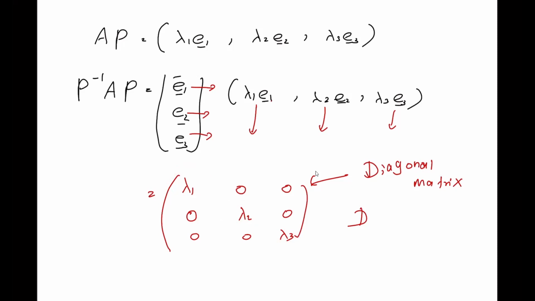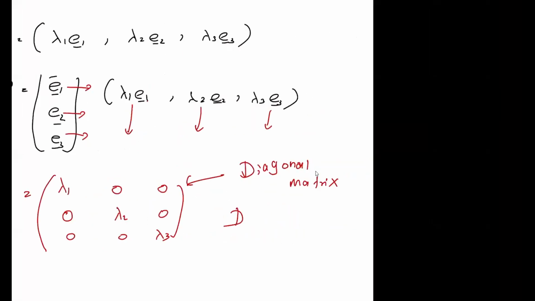Because this we call the diagonal matrix. So in problems, you are given some matrix A and you are told to find the diagonalization. It means you need to find this P and D. So first, before writing these two, you have to find, let's say this is a 3 by 3 matrix for simplicity, 3 eigenvalues, because if you want to diagonalize, it should have 3 eigenvalues.